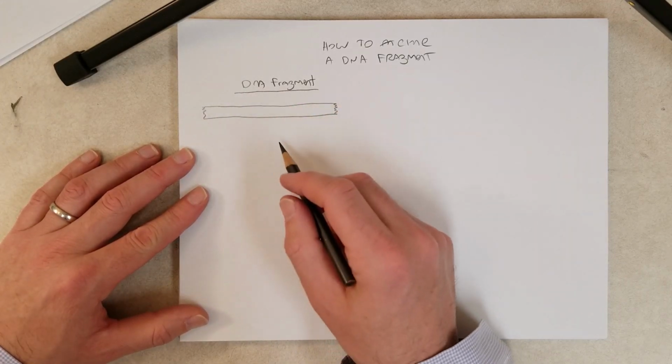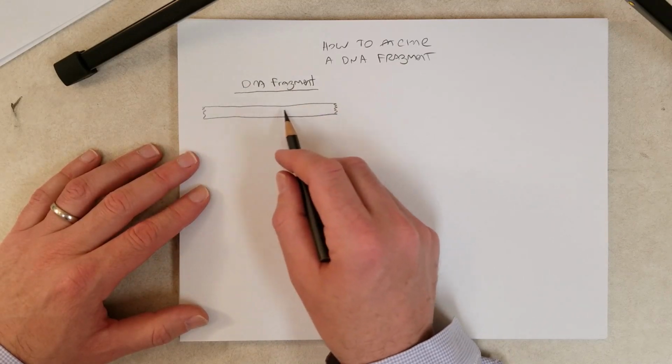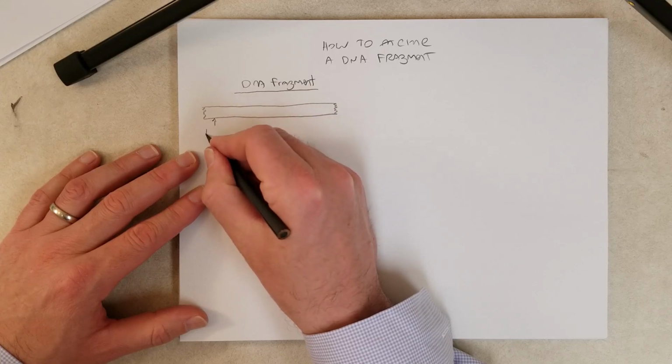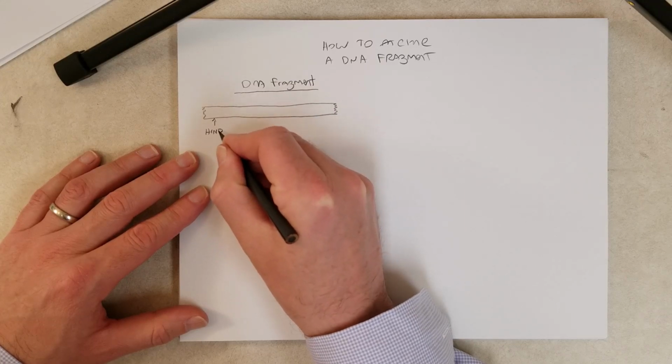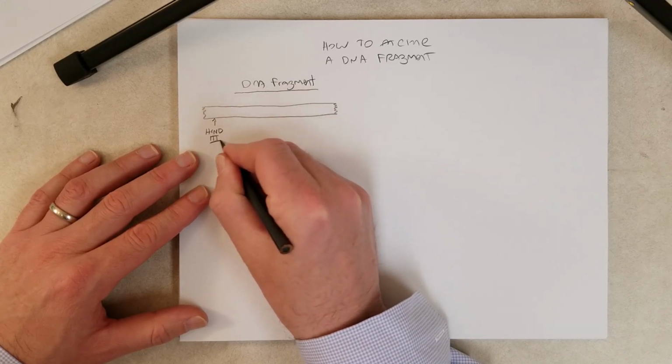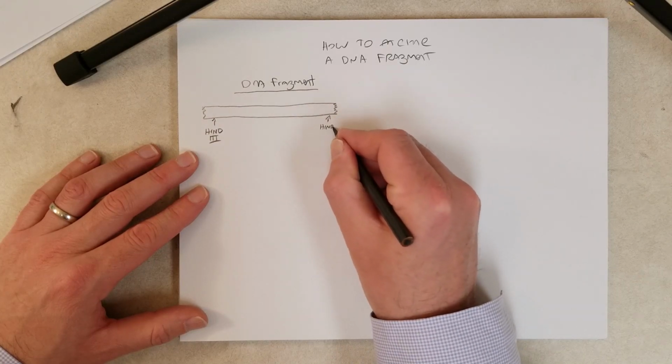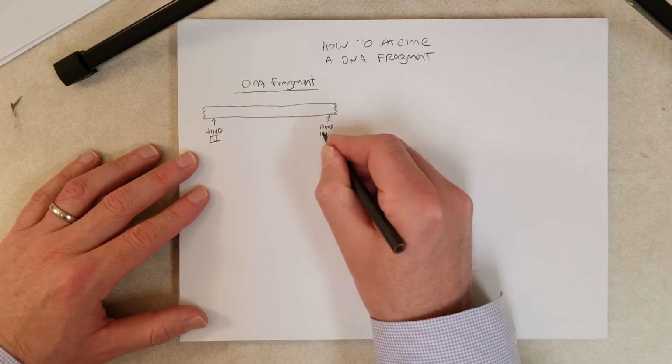But let's not worry too much about that. Let's just assume we have a DNA fragment and there are HindIII sites, HindIII recognition sequences close to the ends of this DNA fragment.